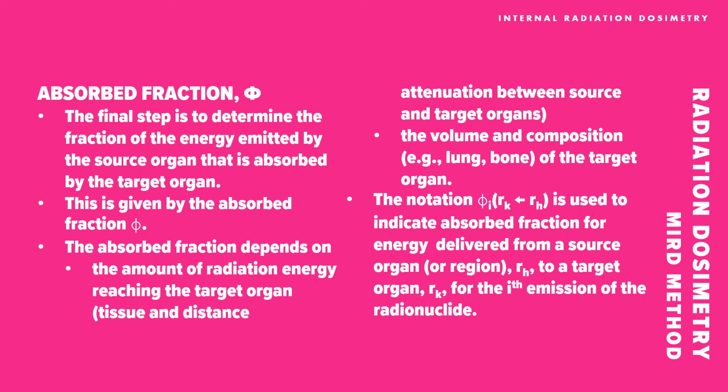So the amount of radiation energy and the volume and composition will affect how much absorbed fraction happens. The notation we use for absorbed fraction is phi i, with r_k and r_h in the bracket, and the arrow is from r_h to r_k. r_h refers to the source organ and r_k refers to the target organ for the ith emission.